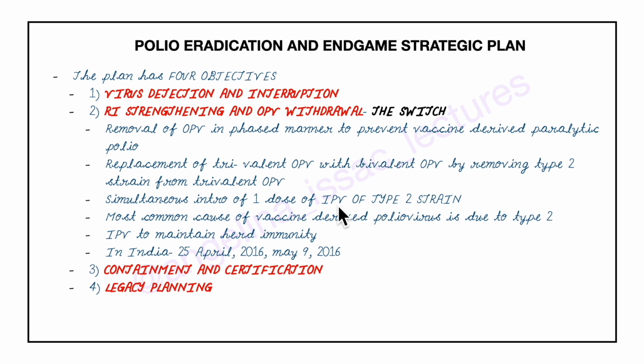This IPV, as we all know, has killed vaccines instead of live attenuated vaccines, so it has minimal or no chance of creating vaccine-derived paralytic polio. In India, the switch took place on 25th April 2016 and came into action on May 9th. Finally comes the containment and certification and the legacy planning.